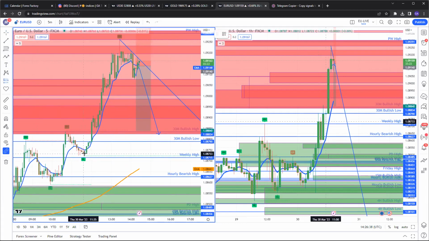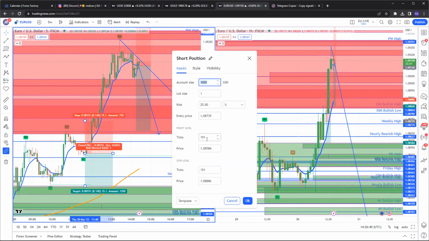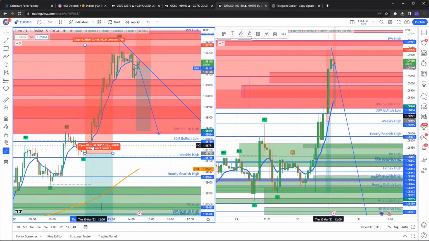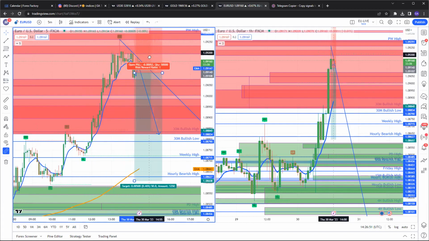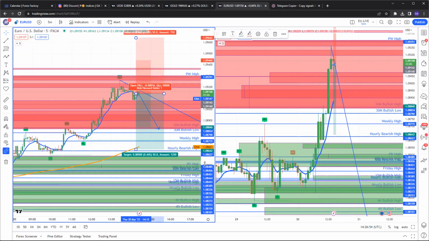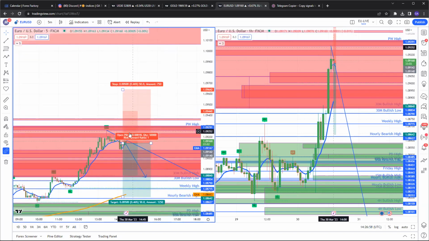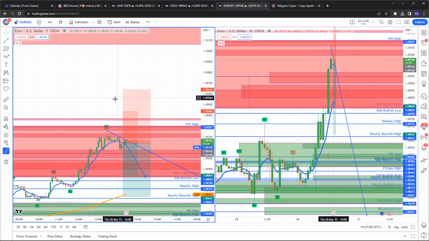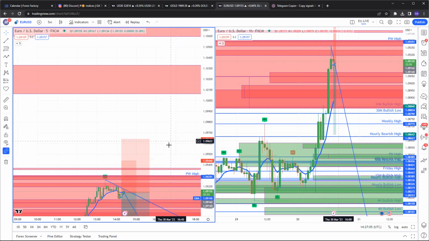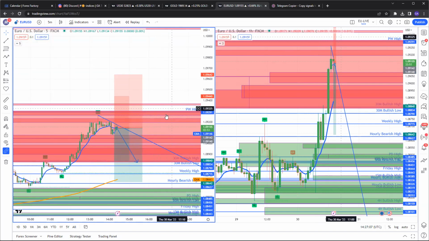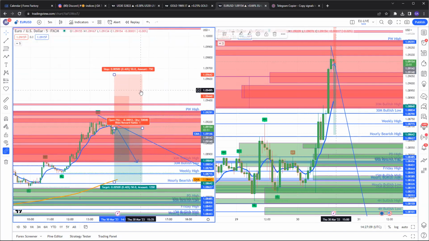If anybody sold right here, even with a 50 pip stop loss, the 50 pip stop loss would be within the supply zone that's up here. So we are better off than somebody who sold here. Because when EU breaks here, even a person with a 100 pip stop loss is going to get stopped out, because EU will go to 1.1 if EU is to break the previous weekly high and break this supply zone up here.